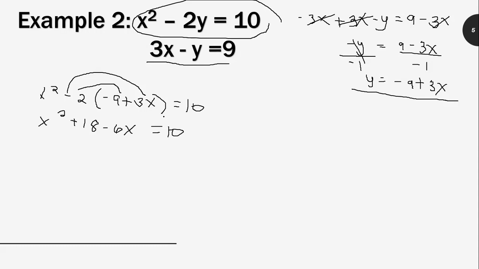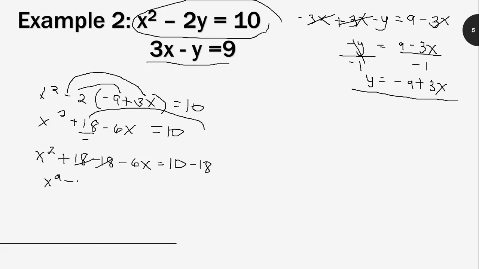Then combine like terms. Para po mawala dito si 18, opposite po ng positive 18 is negative 18. So, addition property, 18 minus 18 is 0, minus 6x is equal to 10 minus 18. So we have x squared minus 6x is equal to negative 8.